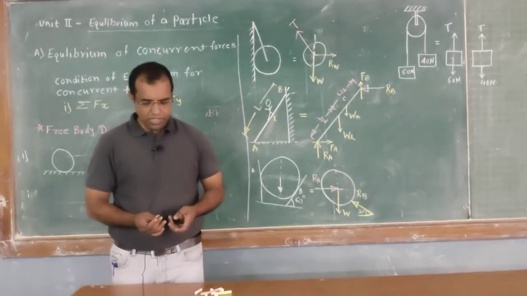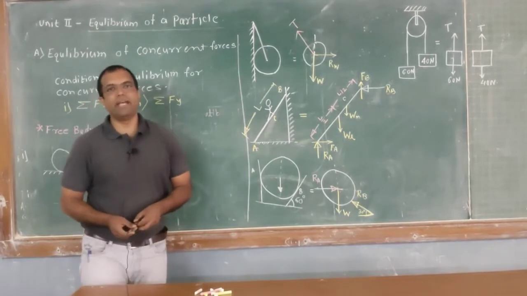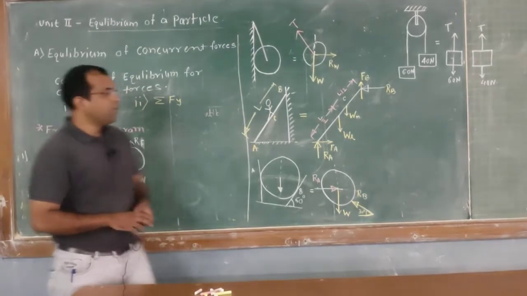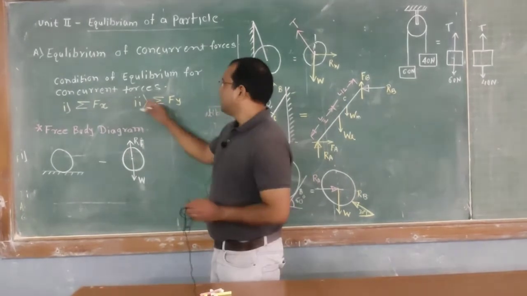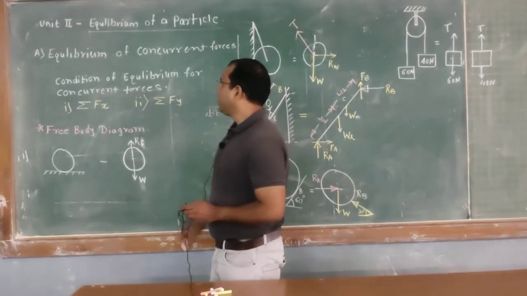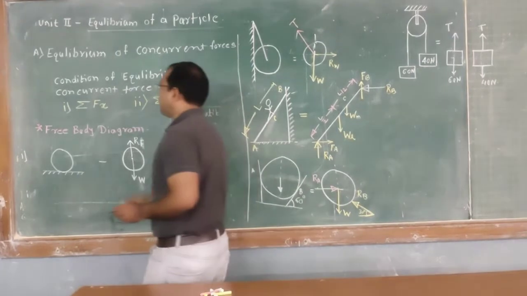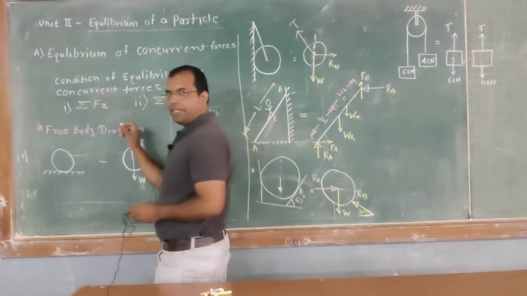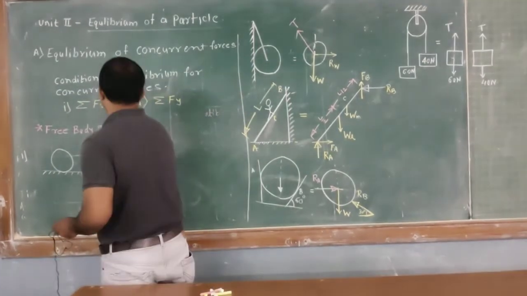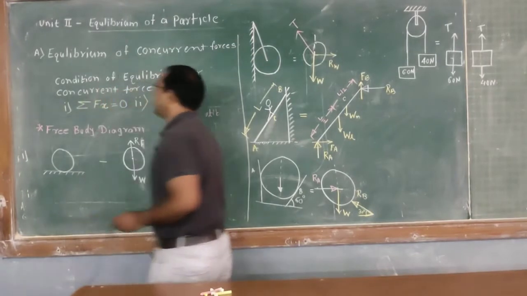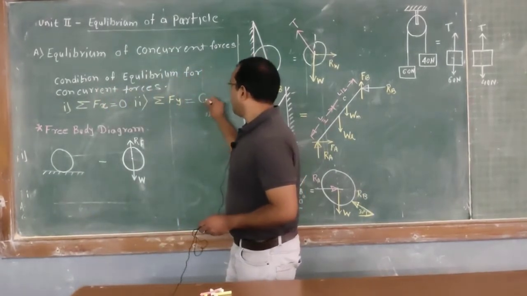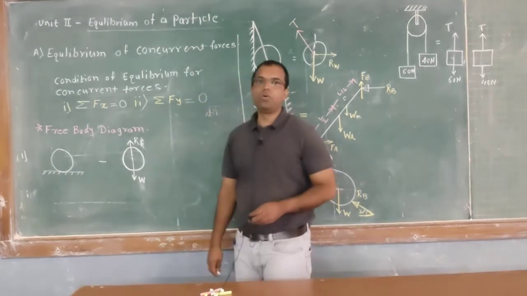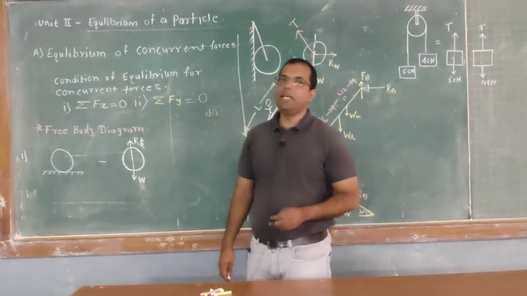The first equation is summation of F of x equal to 0, and the second equation is summation of F of y equal to 0. When summation of all the forces in the x direction is 0, and summation of F of y is 0, then we can say that the system is in equilibrium.